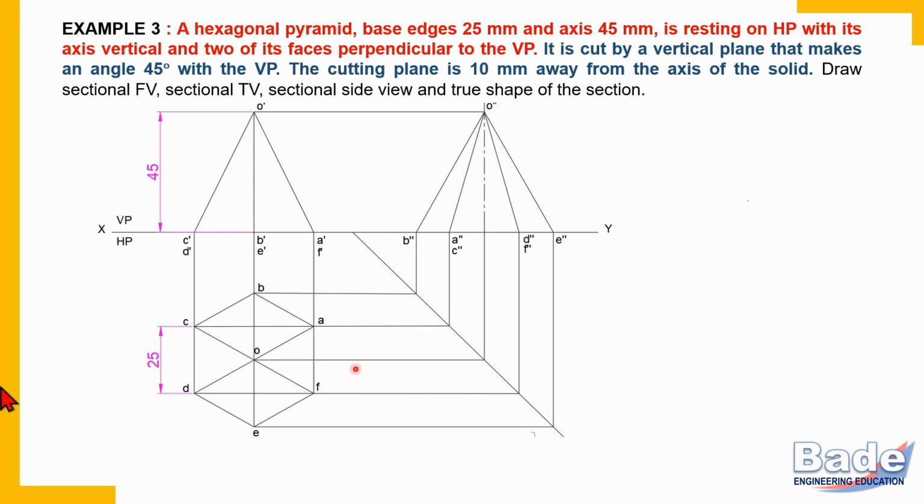Now, how to draw hexagon? Some of the students have this difficulty. That is why I am explaining you. First, locate center line. So draw center lines. Then take length of base edges as a radius, that is 25 mm, and complete the circle. It should be very faint circle.